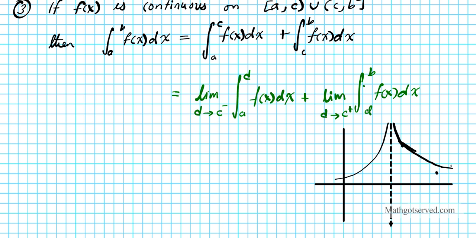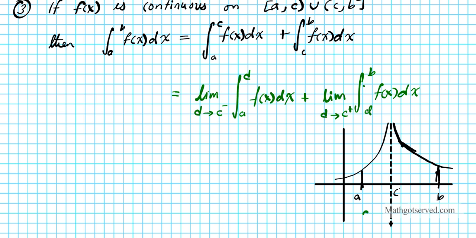Okay? So let's say this is A right here, this is C, and this is B. So we're looking for the integral under the curve from here to here. Obviously, we can clearly see that there's a discontinuity in the interior right here. So what we have to do is this is the left piece right here.